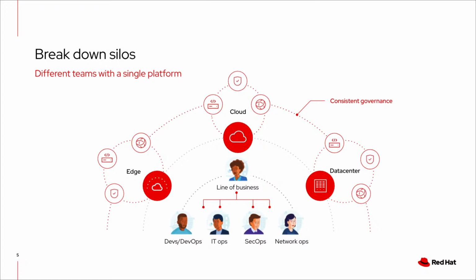We want to streamline the processes around the different tools. We want to break down the silos between the teams by integrating the various tools and processes across these different teams. And we want to establish consistent governance, right? We want there to be established processes across all of these different products and technologies.